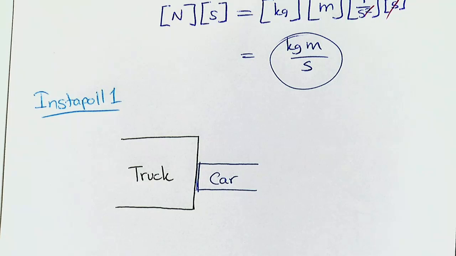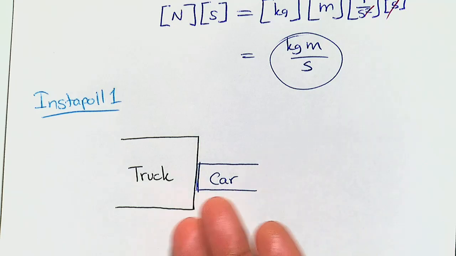If you look at this collision between the car and the truck, is the truck in contact with the car for a longer or shorter period of time than the car is in contact with the truck when there's a collision? Yeah, it's the same, right? So it doesn't have to be a car and a truck.